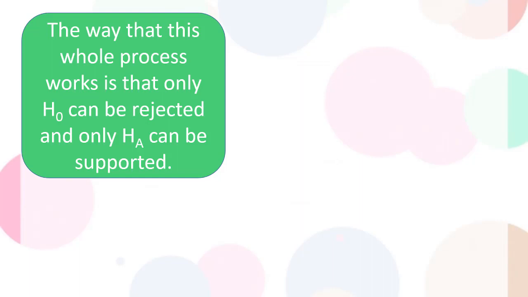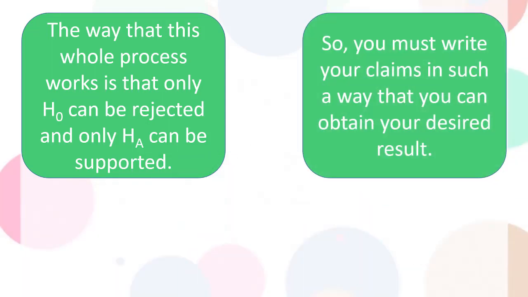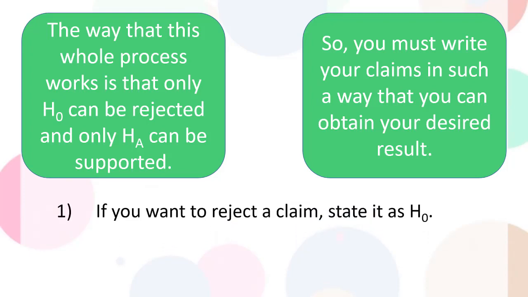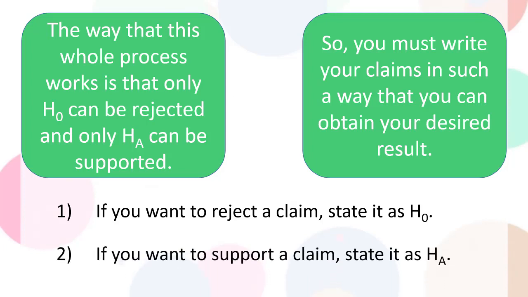So when you're writing your claims, you have to write them in such a way that you can obtain your desired result. What does that mean? Well, if you want to reject a claim, let's say you think that the claim that a manufacturer is making is false, then you're going to write it to be H naught. If you want to support a claim, then you need to make sure you write it as an alternative hypothesis, HA.